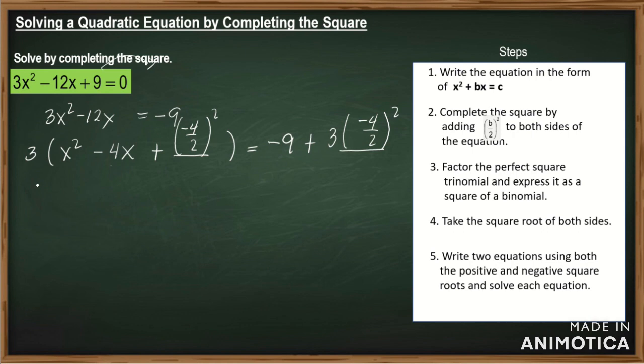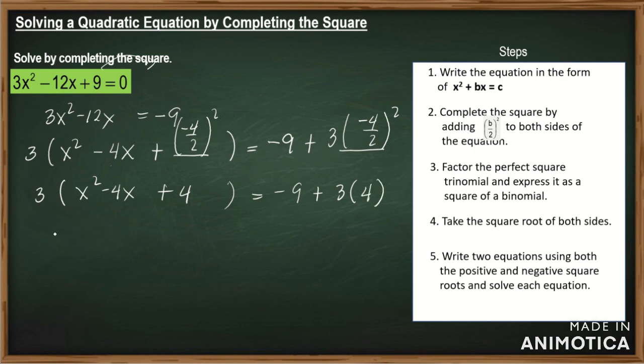Then we complete now 3 times x squared minus 4x. Half of negative 4 is negative 2, and negative 2 squared is positive 4, equals negative 9 plus 3 times positive 4.